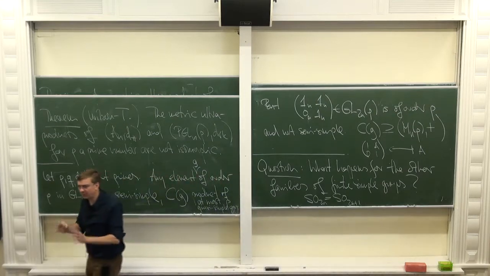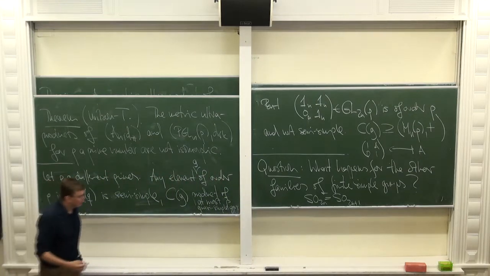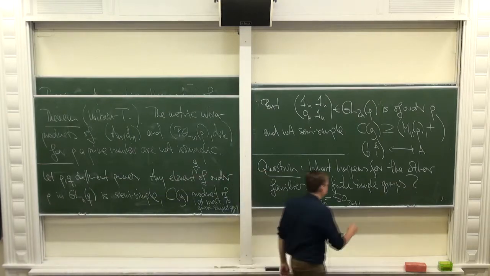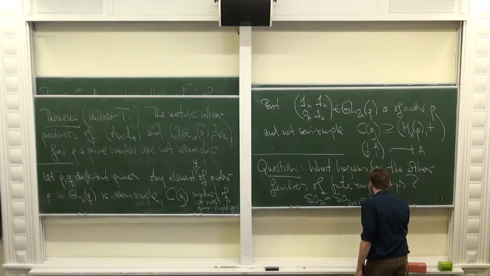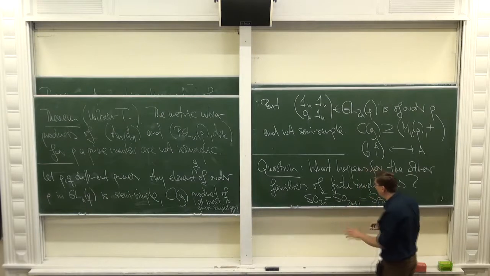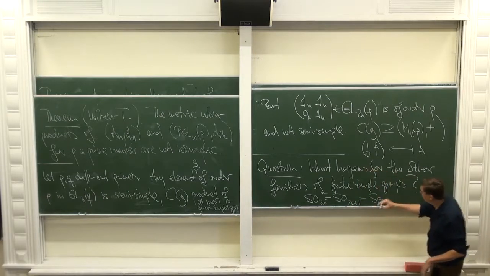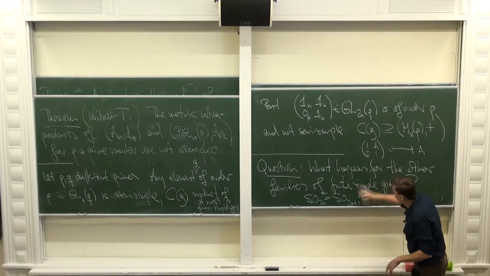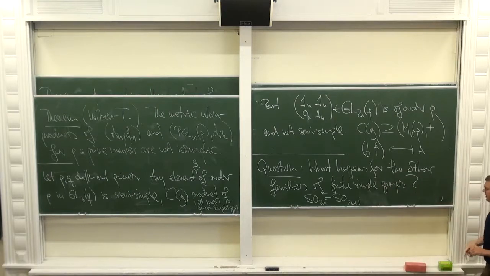So there is some collapse of these families, and there's also some reason to believe that the symplectic groups should be in the same family, at least in characteristic 0. I don't know, it's not so obvious what actually happens exactly.